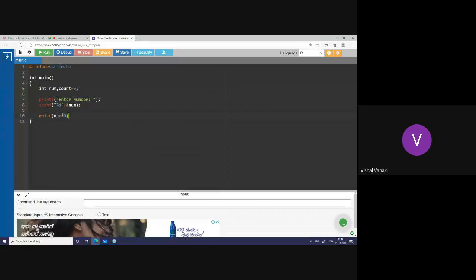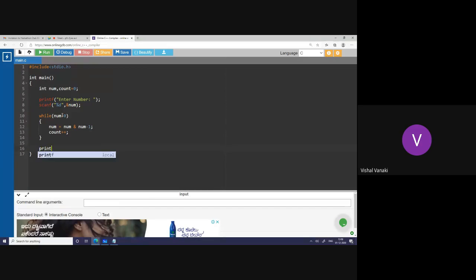So while num is greater than 0, opening bracket. What is the expression I have to execute? num = num bitwise AND of num minus 1. And every time I perform this operation, I have to increment my count.